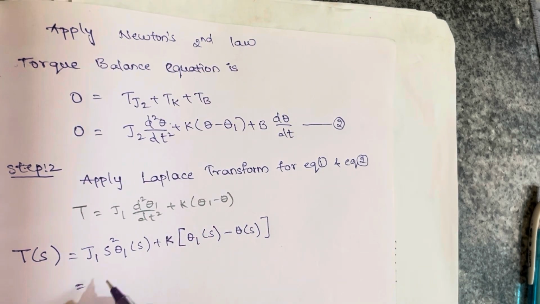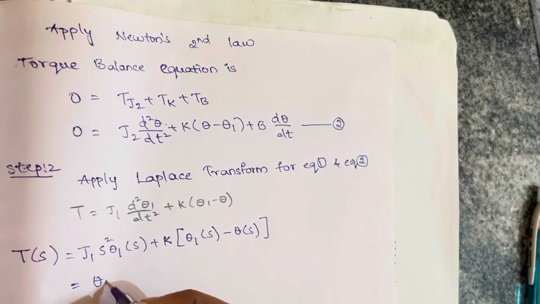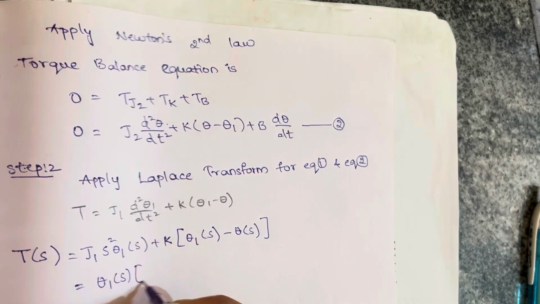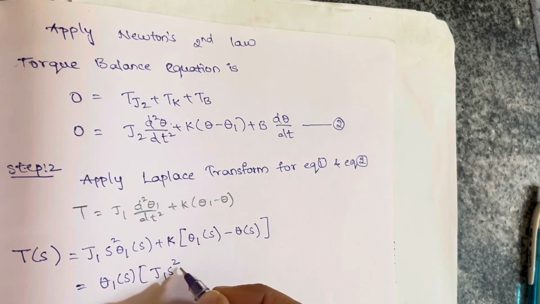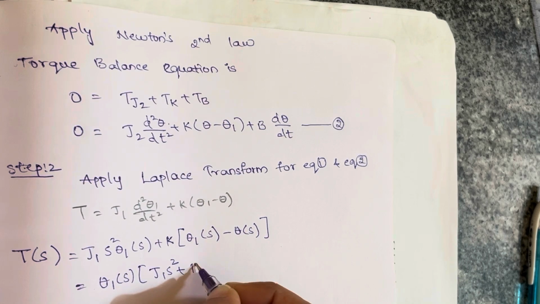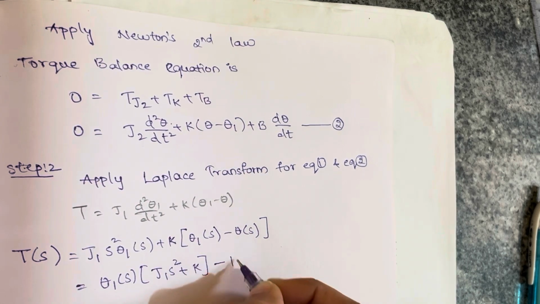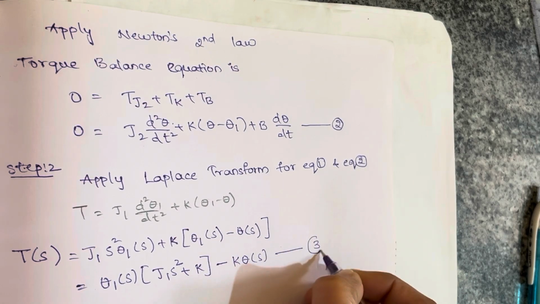When we take theta 1 as common from these two terms, we get theta 1 of s into (J1 s square plus k) minus k theta of s. Let us assume this as our equation number 3.